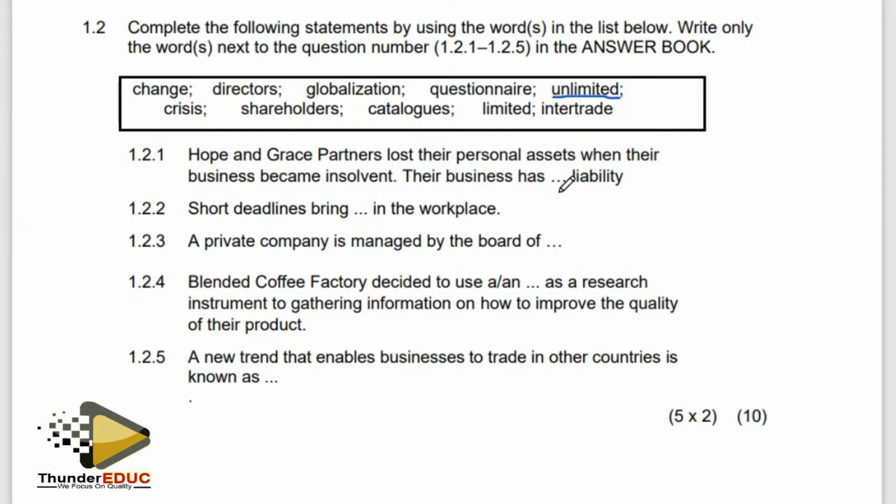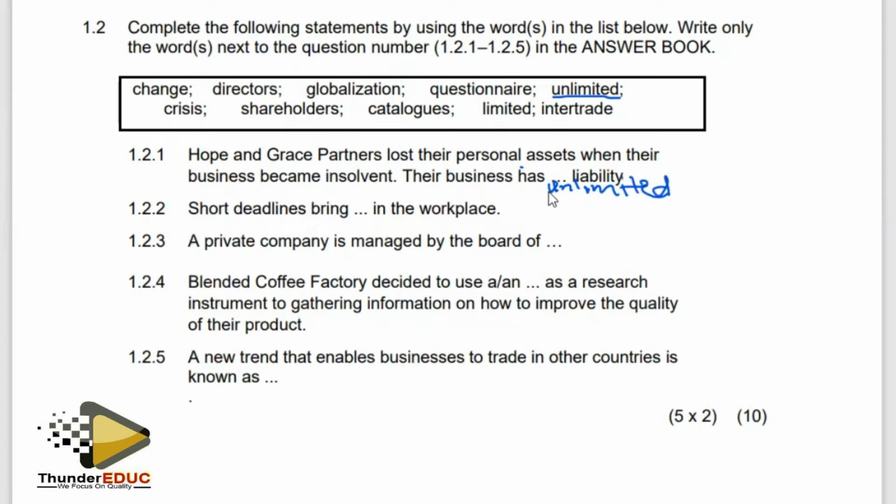Therefore, the answer here is unlimited liability.